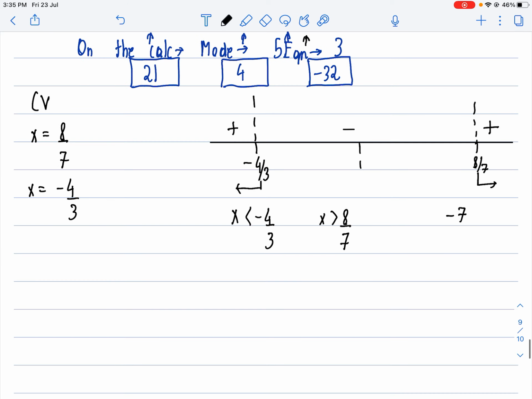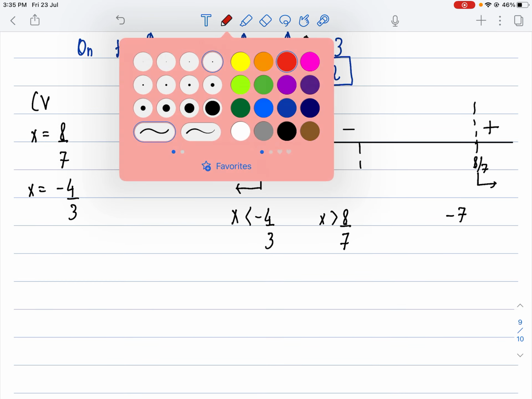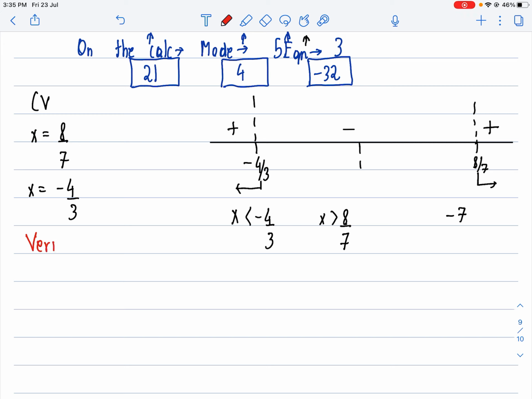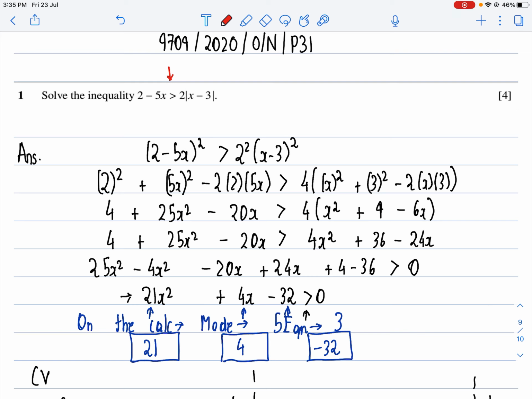But now the last and very important step, which is basically verifying. So now we need to verify each and every critical value, basically the answers which you get, both the answers. So first, when I verify x less than minus 4 over 3, I take a value which is less than minus 4 over 3. Let's say I take minus 2 to verify. Now I plug minus 2 into this equation. On the left hand side, when I put minus 2, I get 2 minus 5 into minus 2, which basically gives me 12.